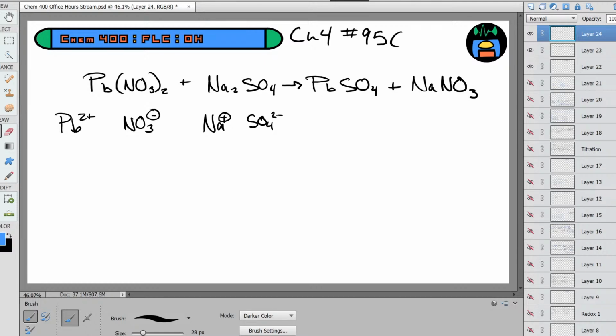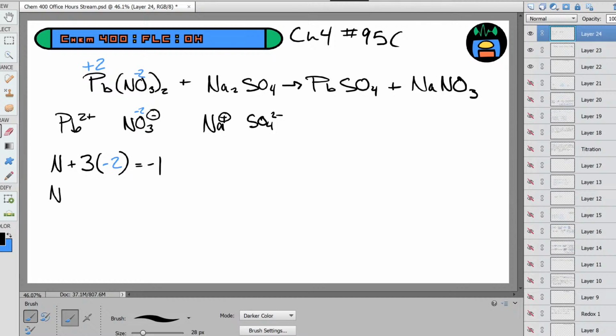So because lead is the only species in lead 2, it will have an oxidation state of +2. Now for nitrate, oxygen is going to be -2, right? Oxygen is going to be -2, and with that information, we can solve for nitrate because the oxidation state of nitrogen plus 3 times the oxidation state of oxygen will add to our total charge, which is -1.